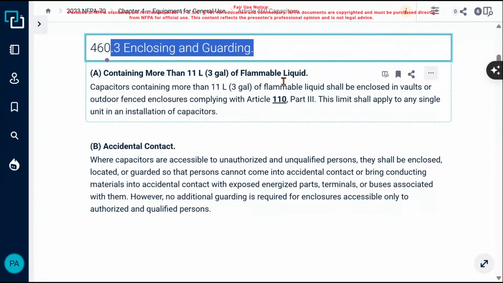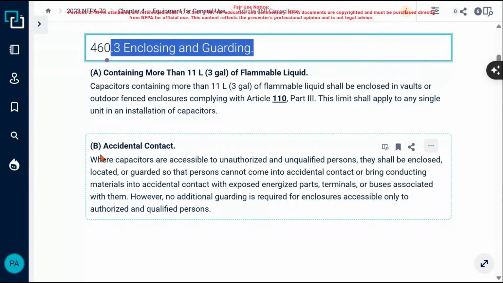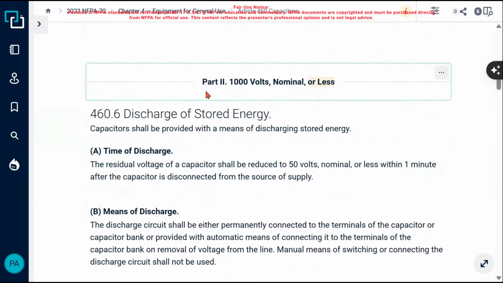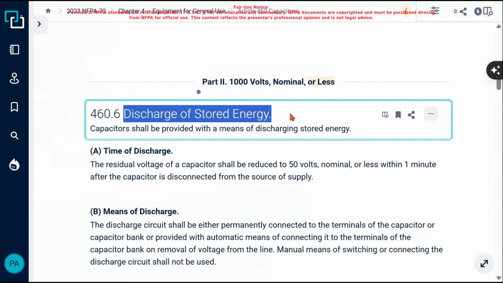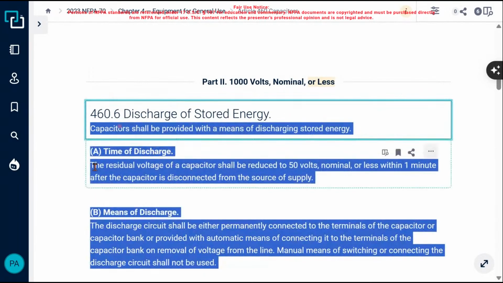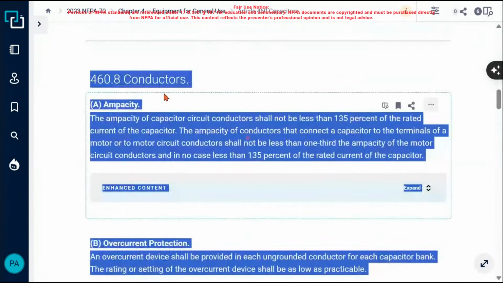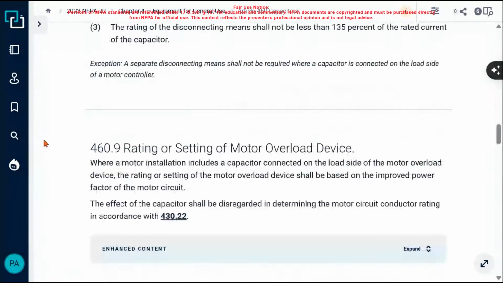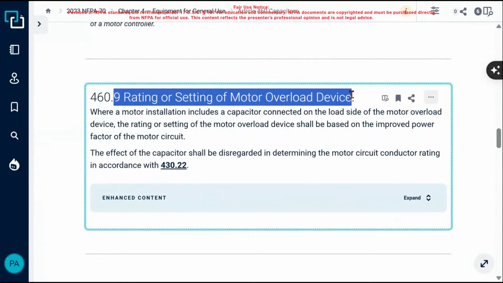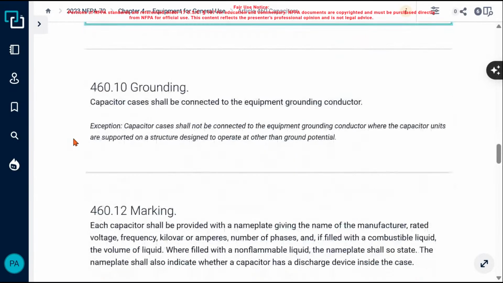Again, not really talking anywhere in here about any of the conductors that are in our question. Contact has nothing to do with it. Okay, all right, 1,000 volts or less, assume that unless stated otherwise. Discharge, stored energy. The question wasn't about discharging. Conductors, it really wasn't about the conductors. Rating is set into overload, it wasn't about that.